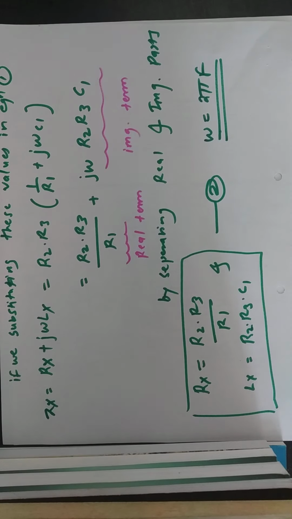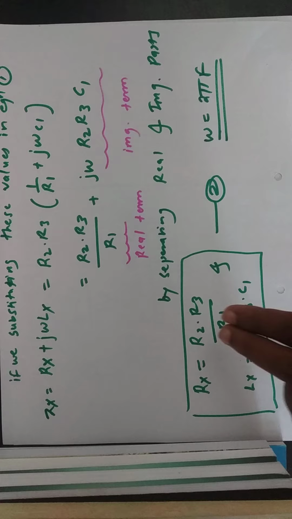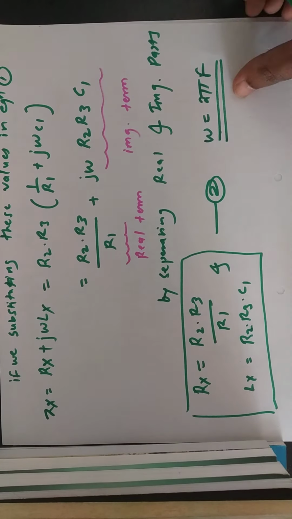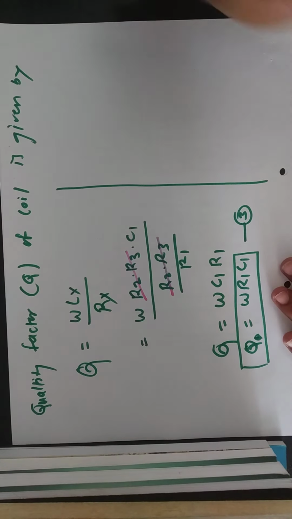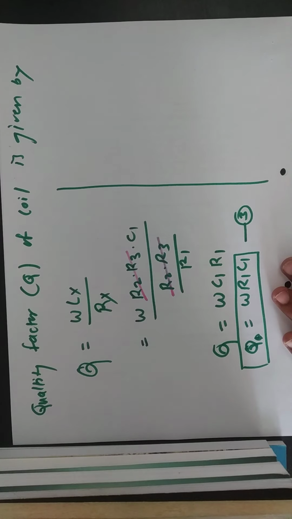At the end, balance equation 2 is independent of frequency because there is no term of frequency or omega here. And the two balance equations are independent of each other, this is a different term and this is a different term. So these are the two advantages of this network.